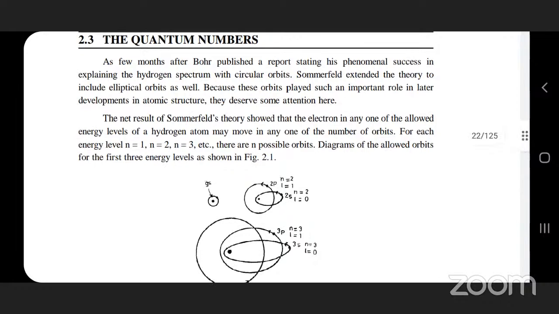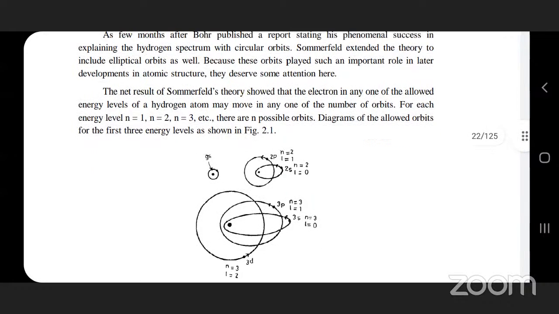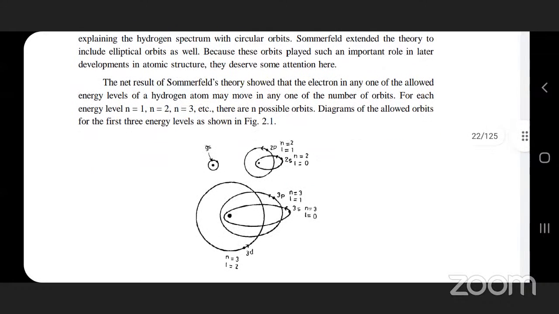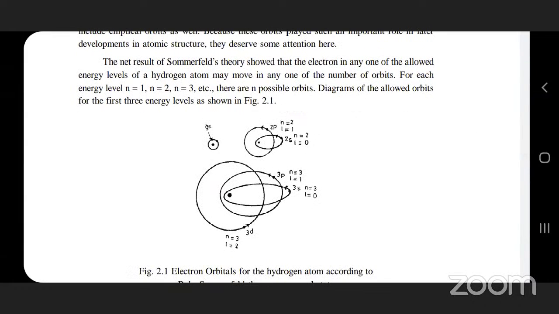Sommerfeld's theory shows that an electron in an allowed energy level of the hydrogen atom may move in any one of a number of orbits. If n equals 1, 2, 3, and so on, these are the possible orbits, shown in the diagram of the allowed orbits for the first three energy levels.